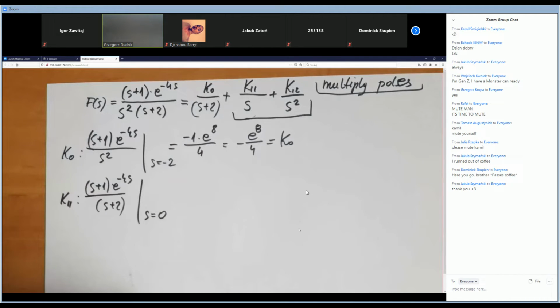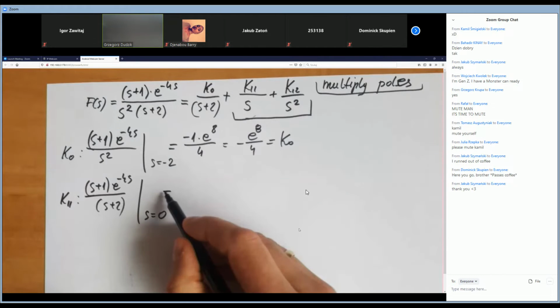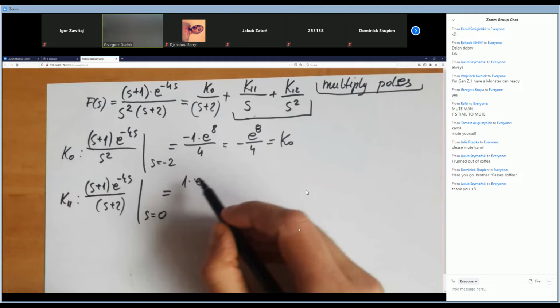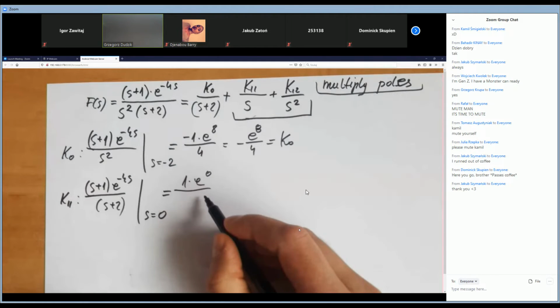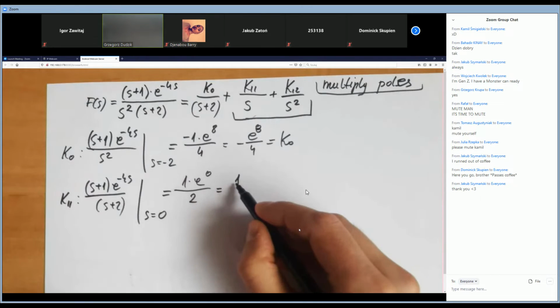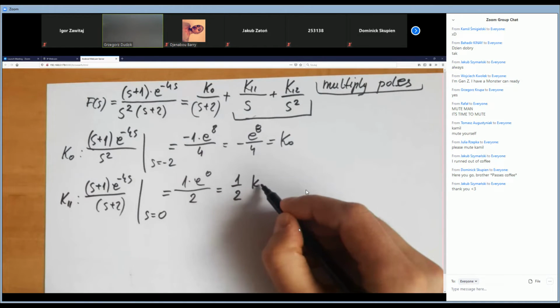And what do we get? It is equal to 1 times e to the power of 0, which is 1, over 2. So it is just 1 over 2. And this is k11.